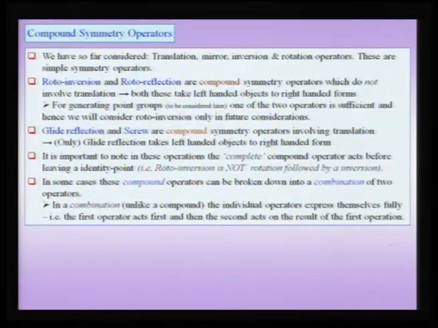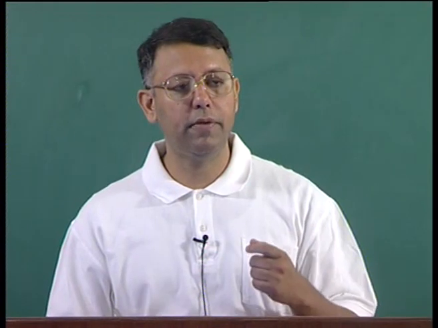In addition to these simple, or what you might call individual symmetry operators, there are other symmetry operators which are compound symmetry operators, and also there is a possibility of what is known as a combination of symmetry operators. We will try to distinguish these two. A compound symmetry operator is one which is a combination, but a fixed combination.